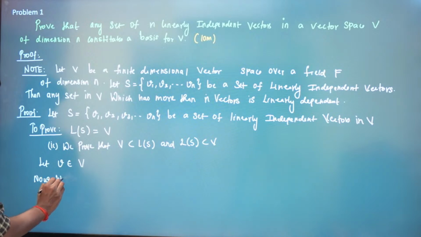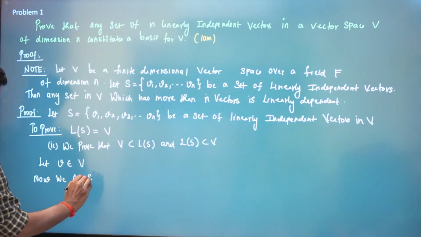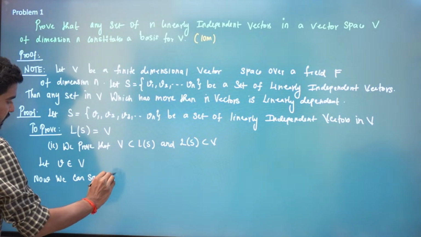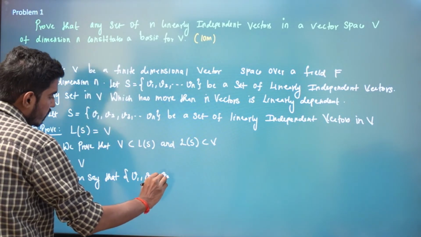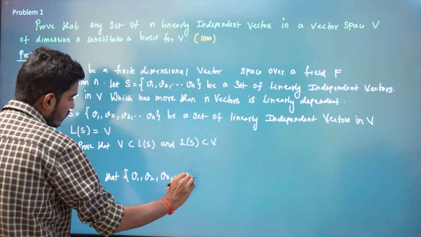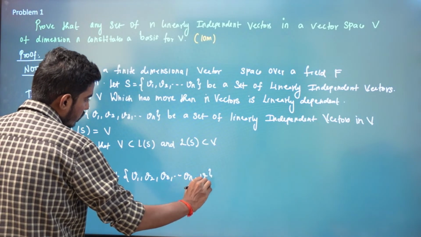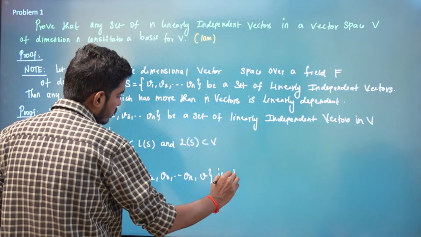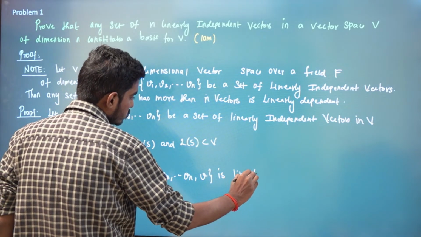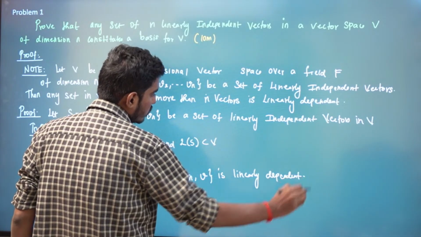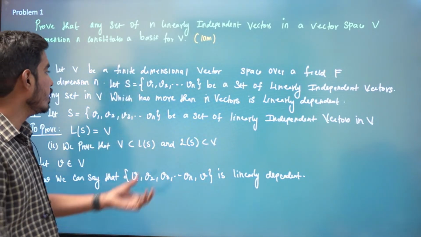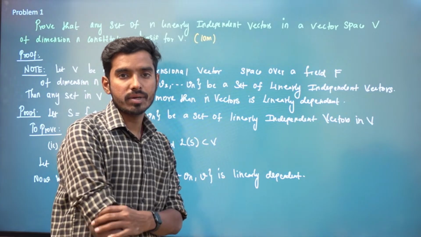Now we can say that V1, V2, V3 and so on up to Vn, comma V, is linearly dependent. Yes or no? Why? Because already we have n linearly independent elements.